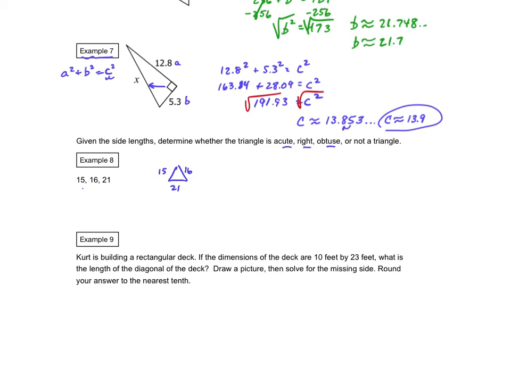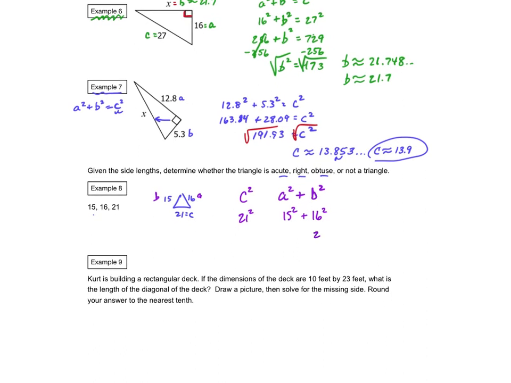I should know that C is going to be the longest side, and 21 seems to be the longest side, and then I'm going to have an A and B. And then to find out if it is acute, right, or obtuse, I need to take the longest side squared and see how it compares to the other two sides squared. So 21 squared, and then I have 15 squared plus 16 squared.